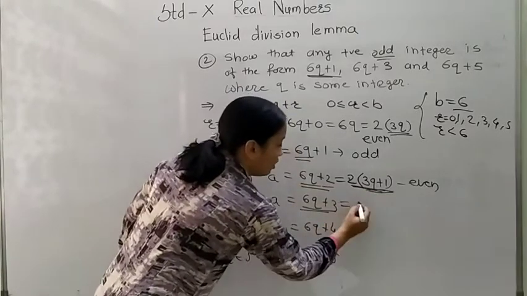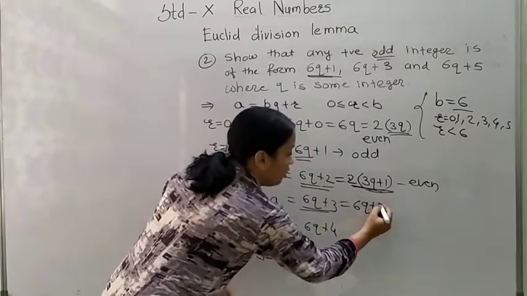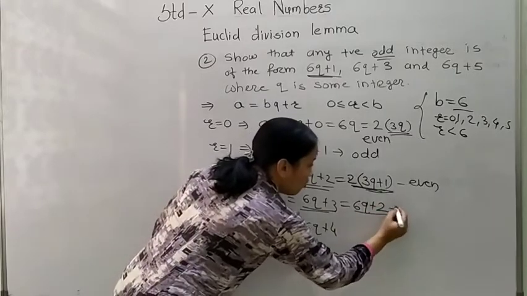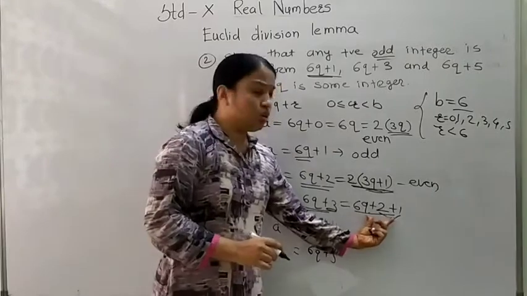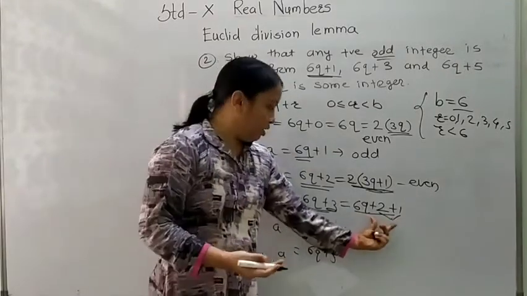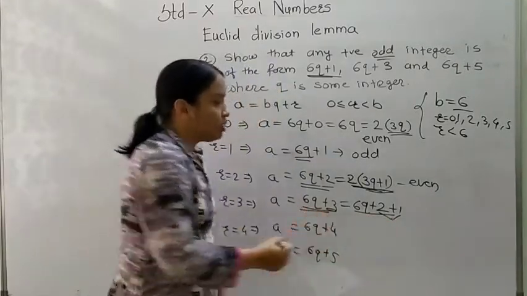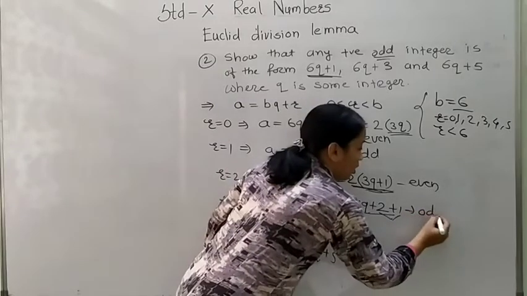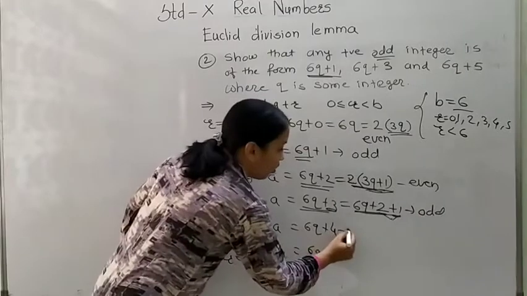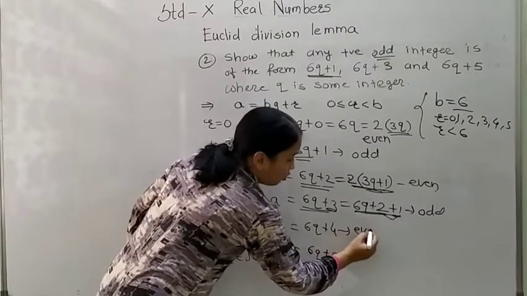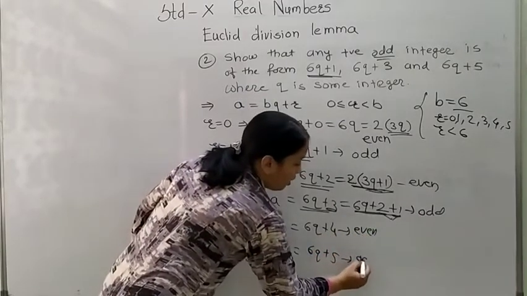You can write this 6q + 3 like 6q + 2 + 1. I split it here. It is not expected to write this, but I am explaining to you. So directly 6q + 3 is odd, because this is an even number plus 1, which is odd. Now automatically this is also even, and this is going to be odd.